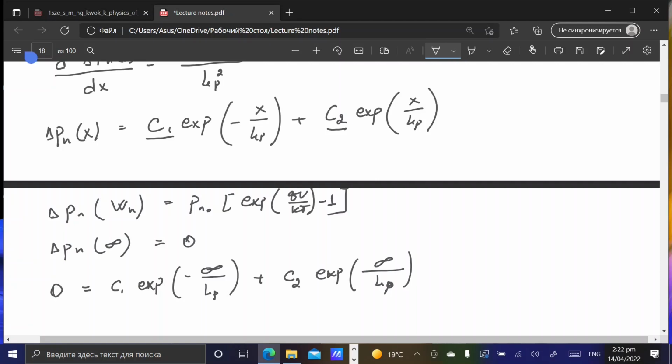The first term will be equal to 0, and in order to have 0 here, this also should be equal to 0, so that comes with C2 equal to 0.